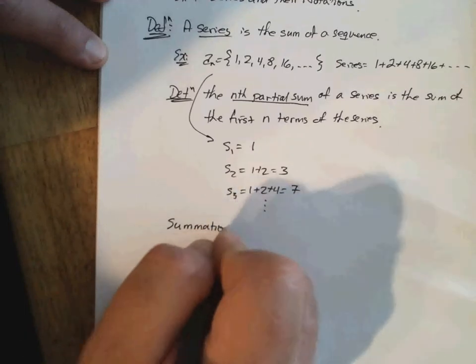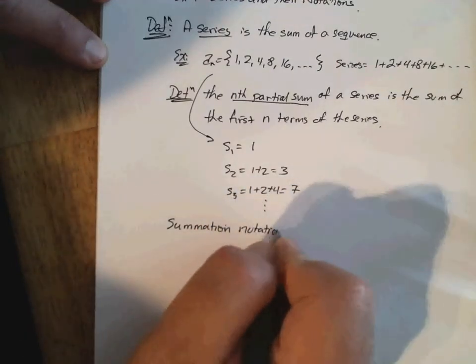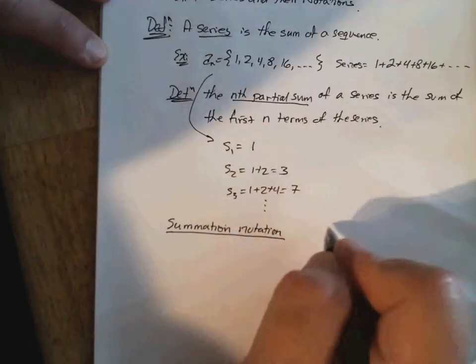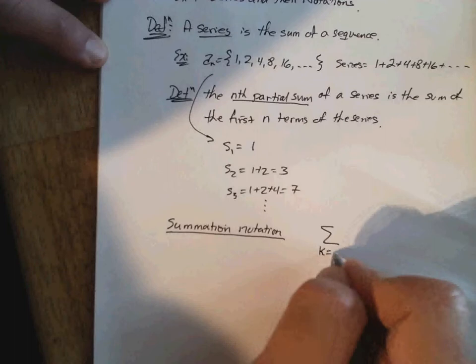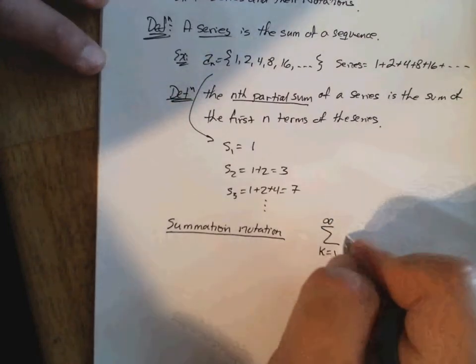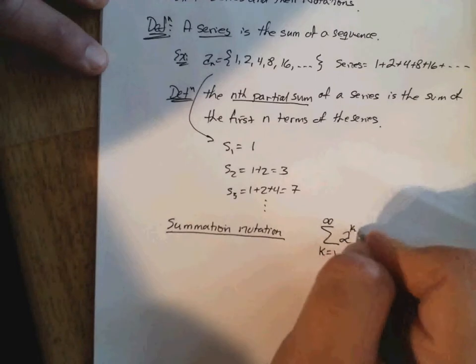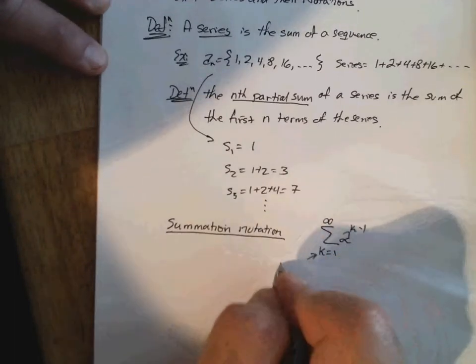Now, notation that we use. Summation notation. We write something like this. K runs from 1 to infinity of 2 to the k minus 1. This value of k is called the index.